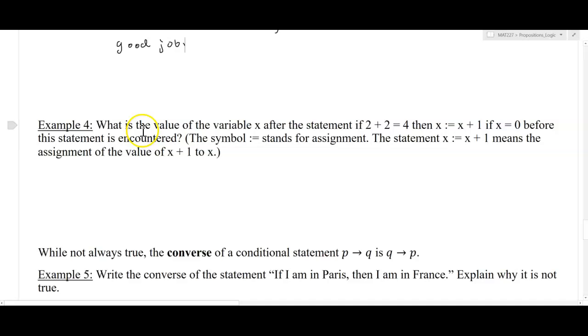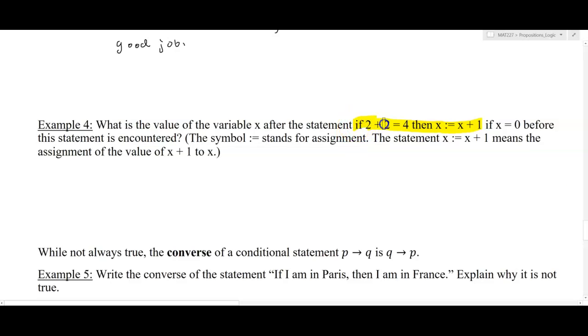Let's look at another example. What is the value of the symbol x after the statement, if 2 plus 2 equals 4, then x equals x plus 1, if x equals 0 before this statement is encountered? Okay, so there's our if-then statement. If 2 plus 2 equals 4, then x is going to be assigned the value of x plus 1.